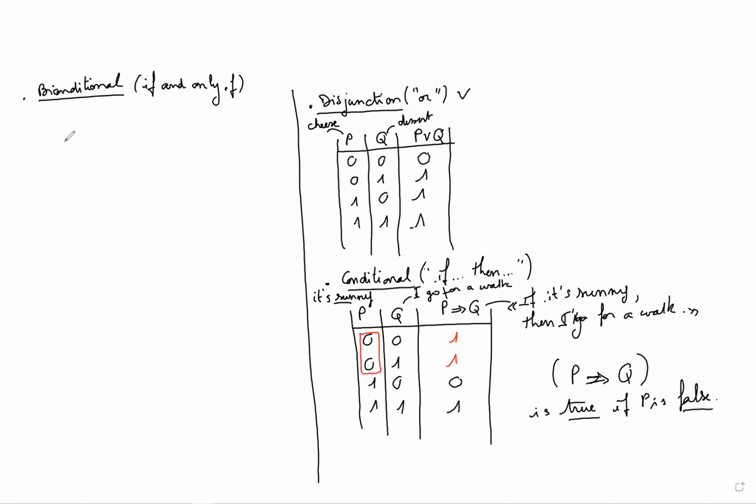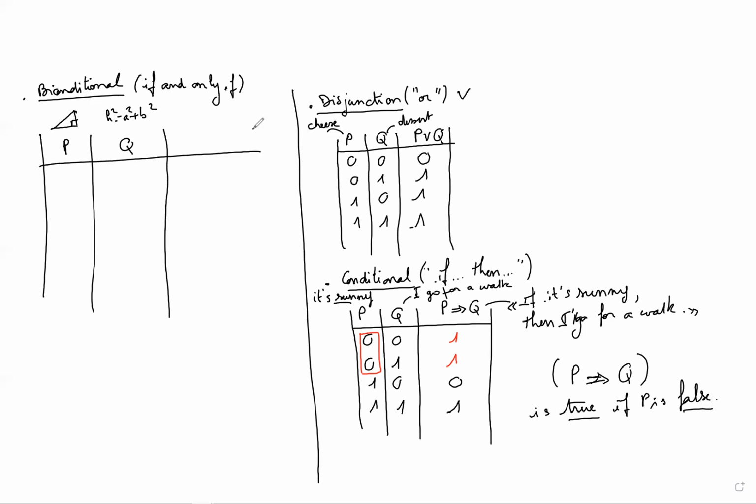Like P, your triangle is rectangle, and Q will be h squared is equal to a squared plus b squared. It's if and only if. If it's a right angle triangle, then this equality is true. And if this equality is true, then the triangle is a rectangle. You have an equivalence there. A biconditional means that P and Q are true at the same time.